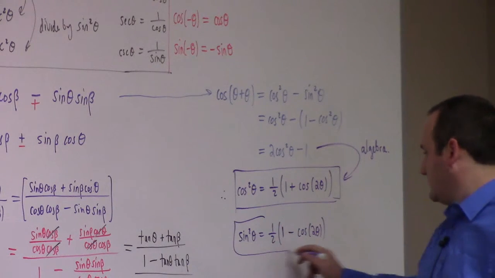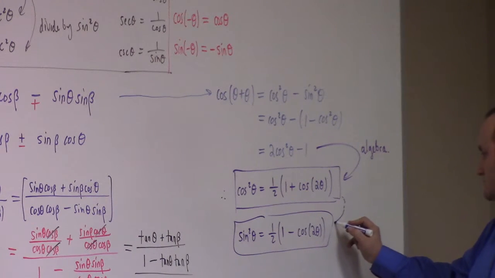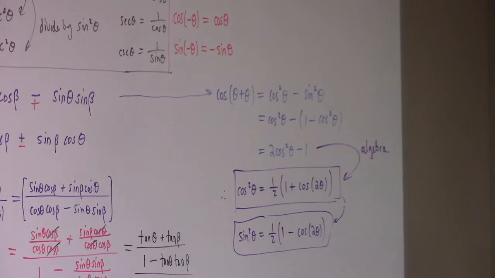I'll leave some of those steps to you. But you can see that that must be true. That's consistent with the Pythagorean identity, right? If I add those identities, I get a half plus cosine 2 theta divided by 2, and a half minus cosine 2 theta divided by 2. So the cosines cancel, and you're left with a half plus a half, which is 1. It's good.